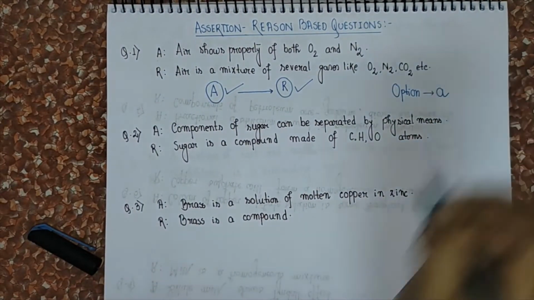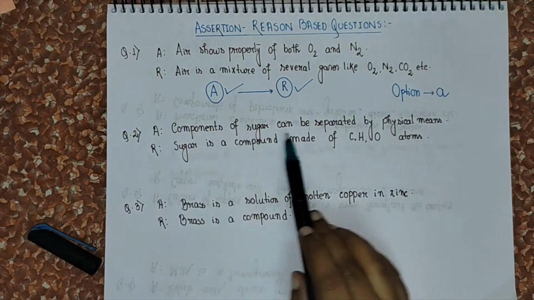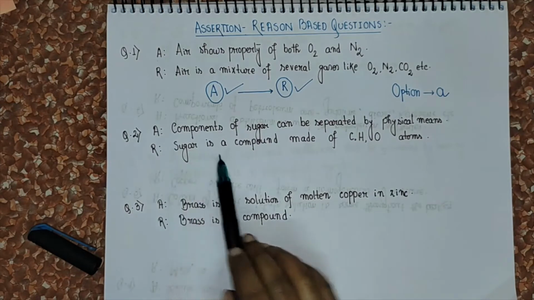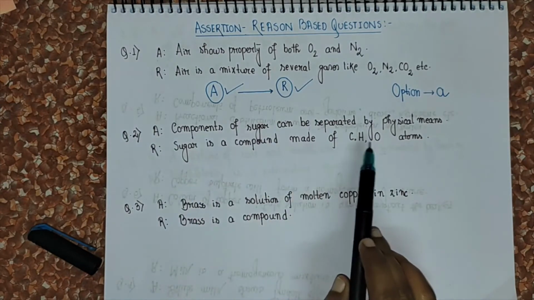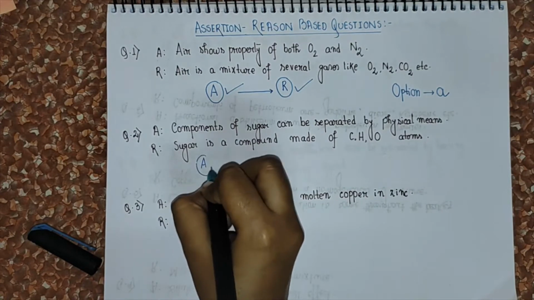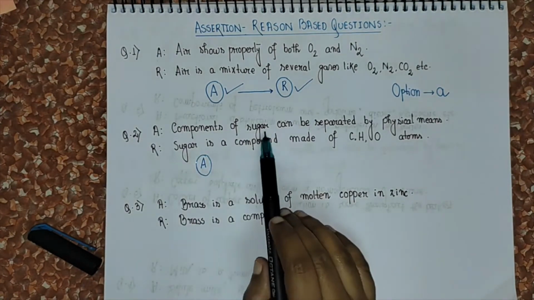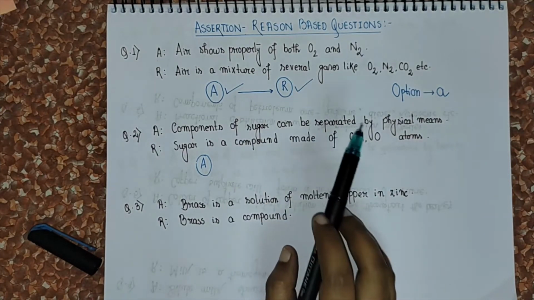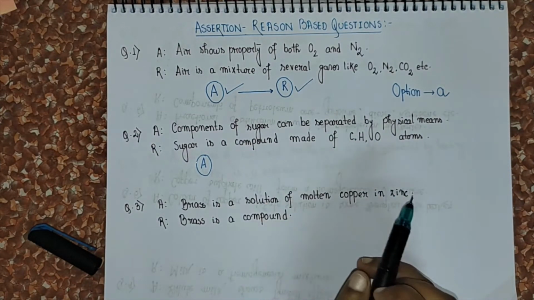Now the next question. Assertion: components of sugar can be separated by physical means. Reason: sugar is a compound made of carbon, hydrogen and oxygen atoms. The assertion here is incorrect, because sugar is a compound, which means its components cannot be separated by simple physical means.